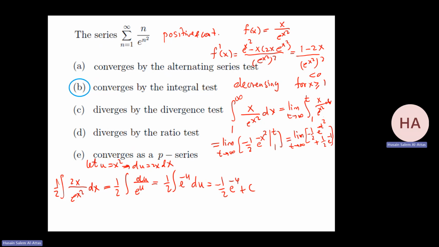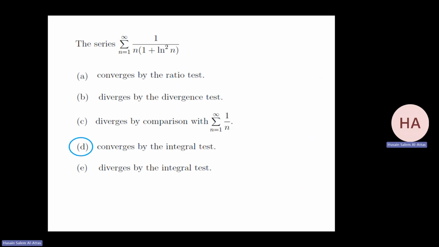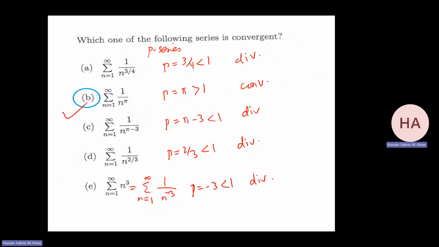What I care about is only this: as t goes to infinity, e to the minus t squared goes to 0. So I have half e to the minus 1, converges. So the series converges. And I just need to check this one.